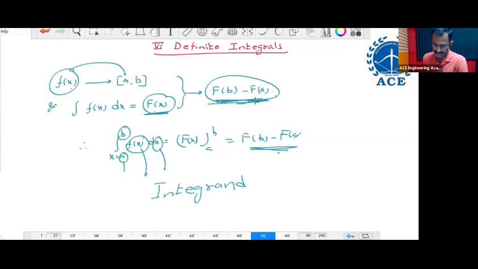For example, integral 0 to pi by 2 sin x dx. The function f of x is sin x only. Interval is 0 to pi by 2. Is sin x continuous or not? Check it out. We can tell directly whether it is continuous or not, because sin x is one of the standard functions.